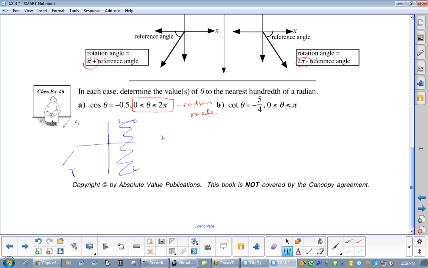So you're going to go second cos 0.5, and you're in radian mode, and you will get 1.047.